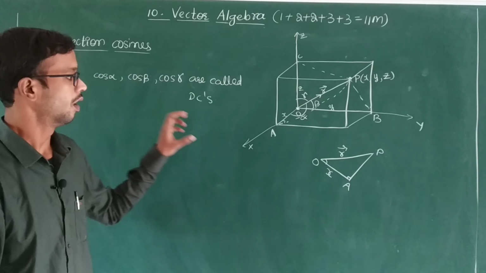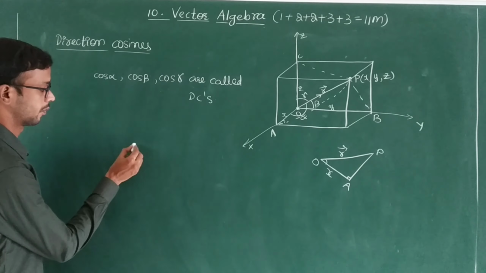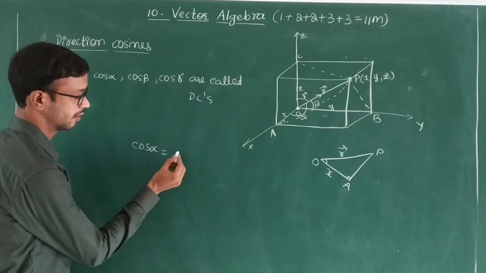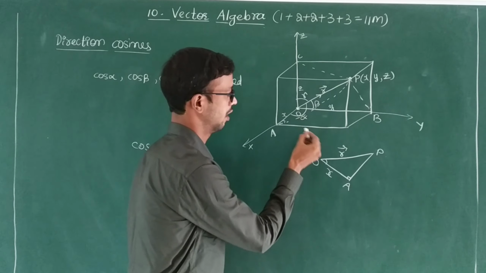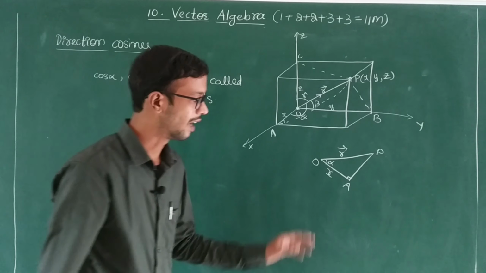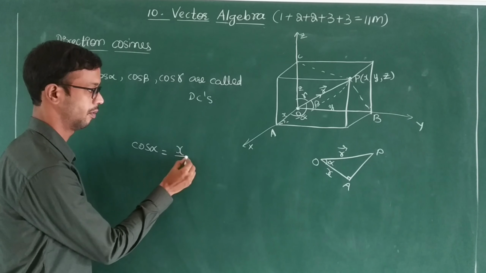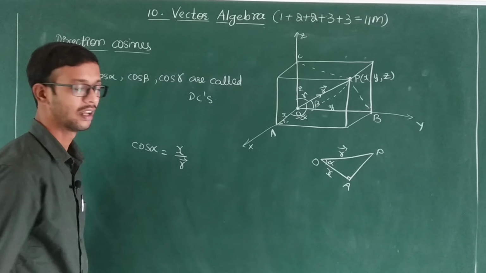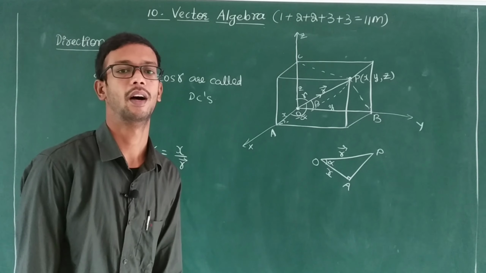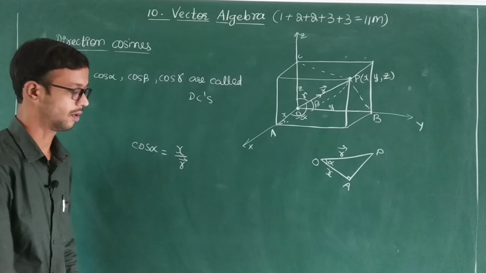So cos alpha is adjacent side by hypotenuse, x by r bar.